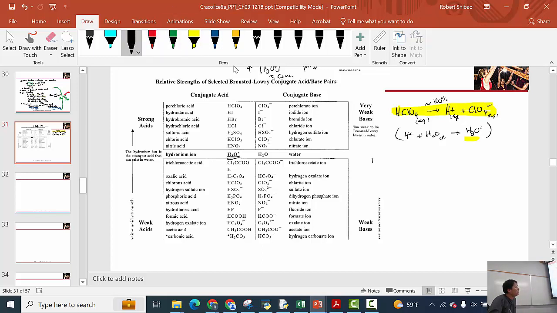Or two, we could think of it this way. If we have water present, then the HClO4 will react with the water. So we'll call this the acid. Water will be the base. And what we're going to form is hydronium directly and perchlorate ion, like this. And so this is about 100%. These two equations are equivalent.